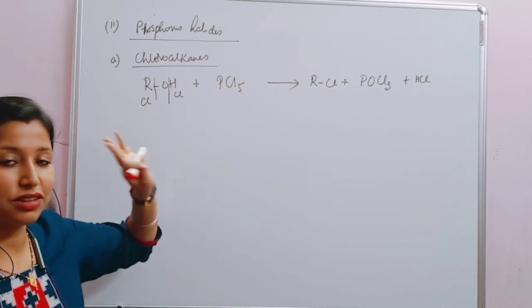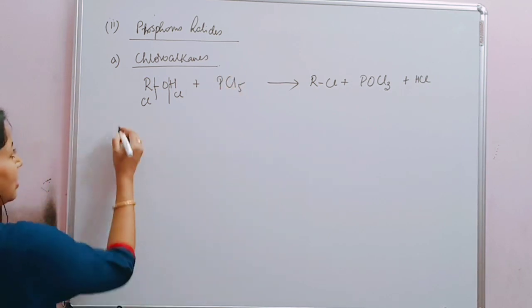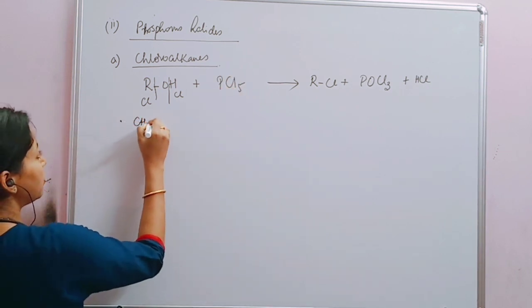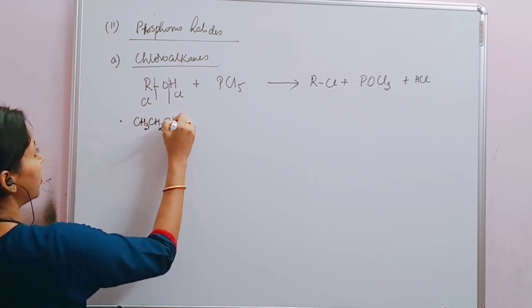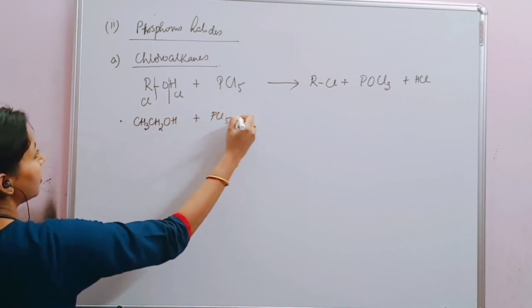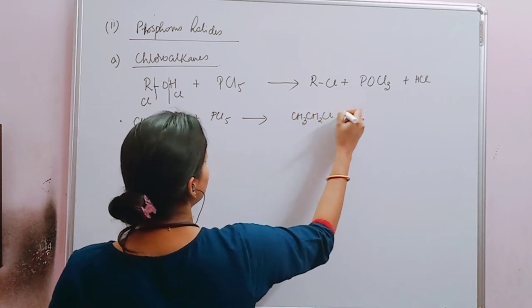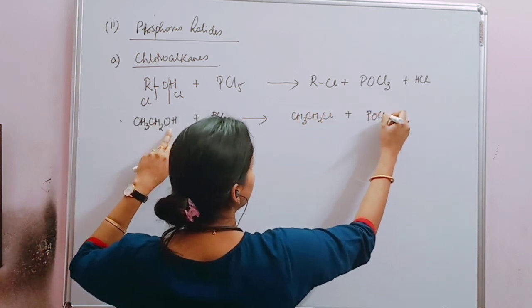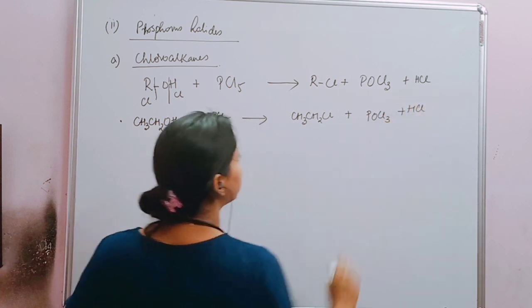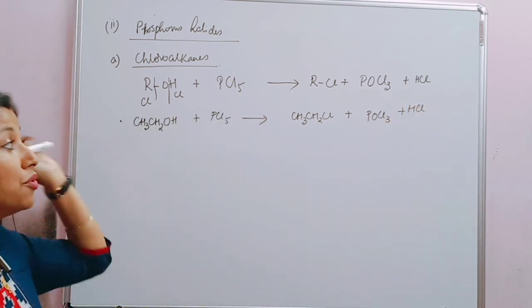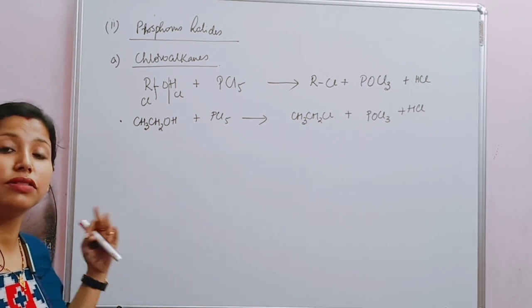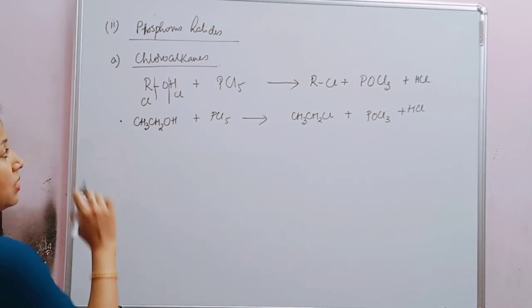This is the general reaction. Let's take an example. CH3CH2OH plus PCl5 will give you CH3CH2Cl plus POCl3 plus HCl. You must remember this reaction. I'm telling you, this is very important.